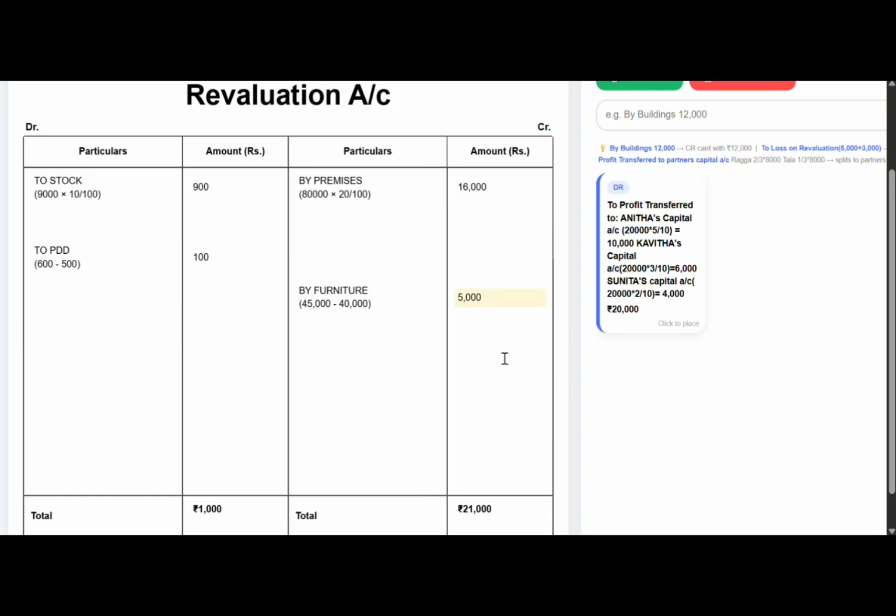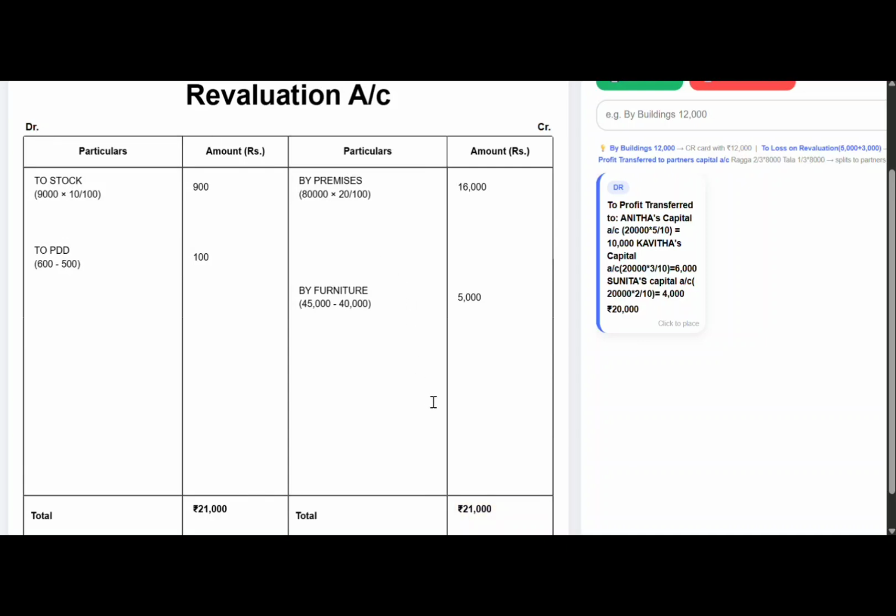Now we need to find the balancing figure, which will be the profit or loss. Now when we find the total, if you can see here, the credit side is 21,000 and debit side is only 1,000 rupees. So the highest total is 21,000. That should be written on both the sides. So here debit side is lesser.